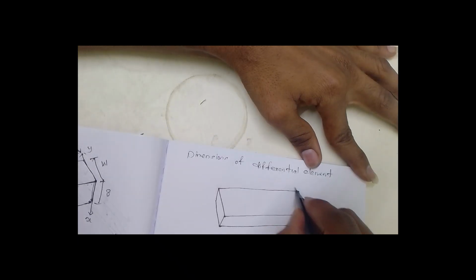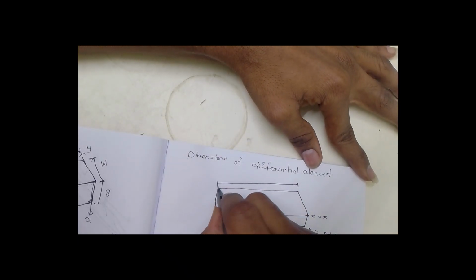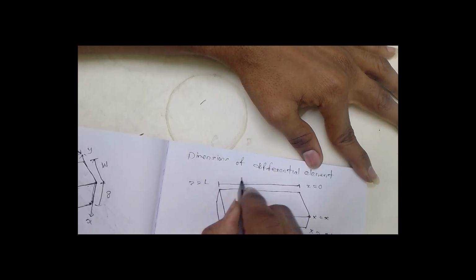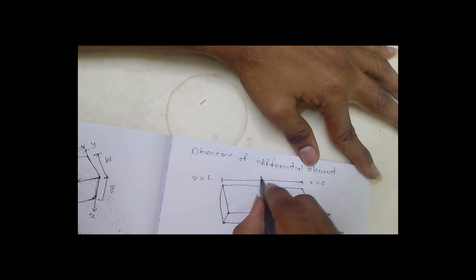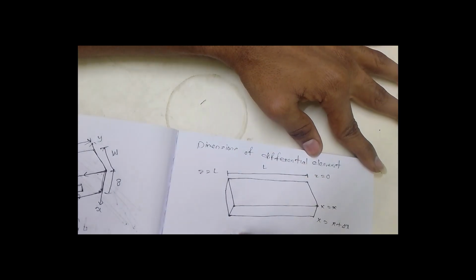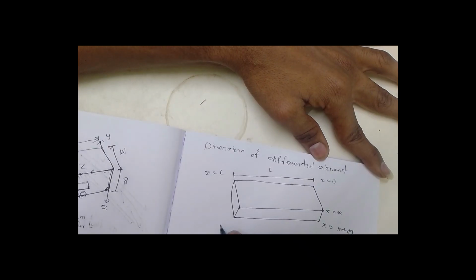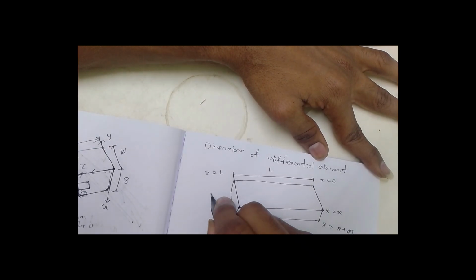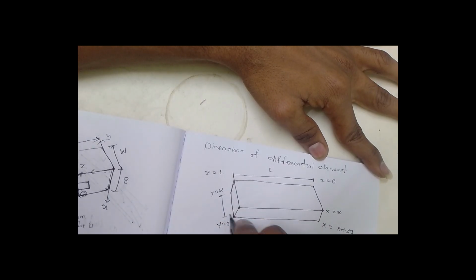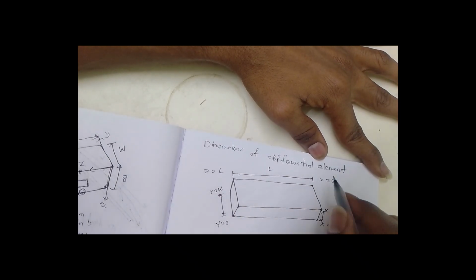In the z direction, we consider the differential element from z is equal to 0 to z is equal to L, and the length of the plate is L. And in the y direction, width is taken from y is equal to 0 to y is equal to W. This is our width, this is the thickness of the differential element, and this is the length of the differential element.